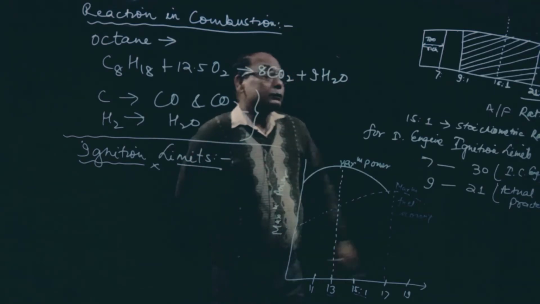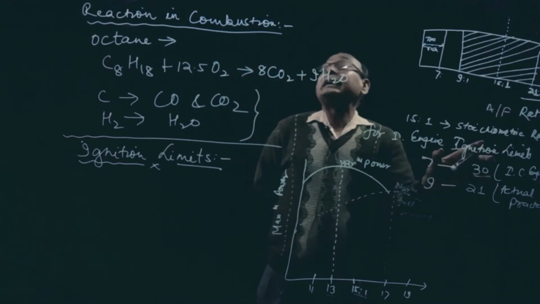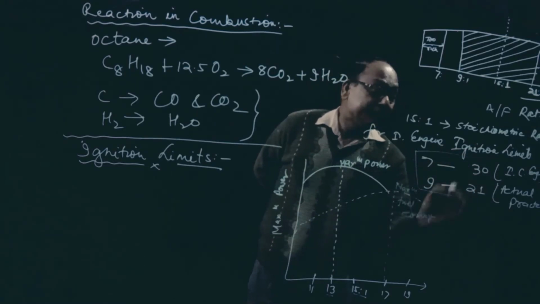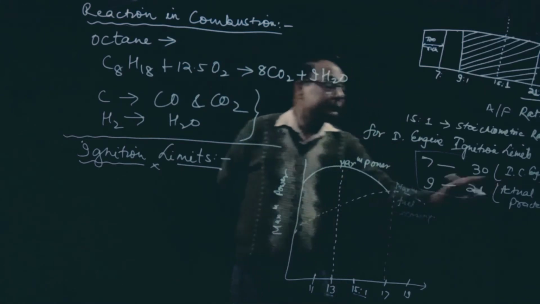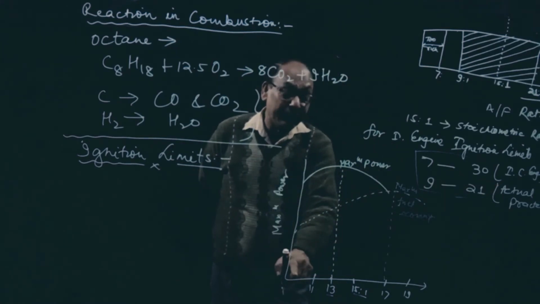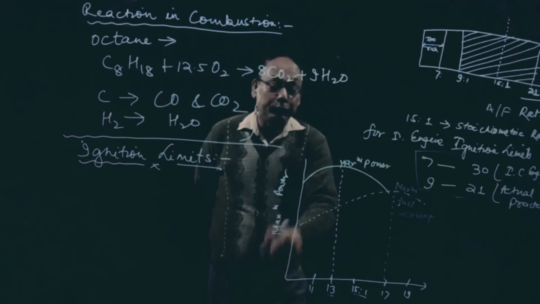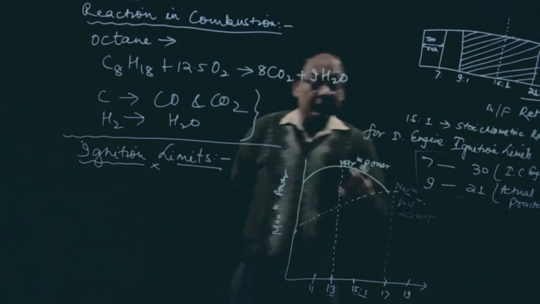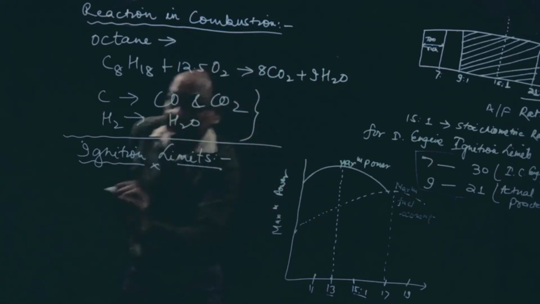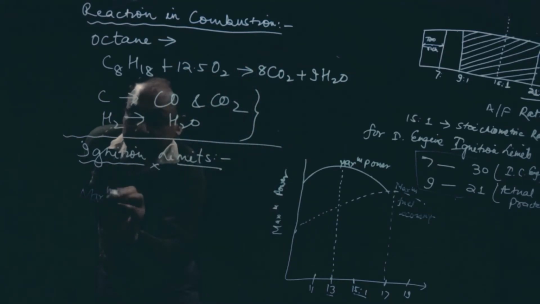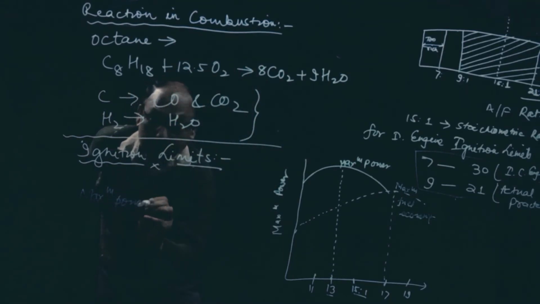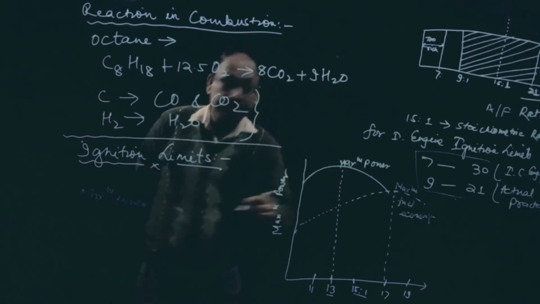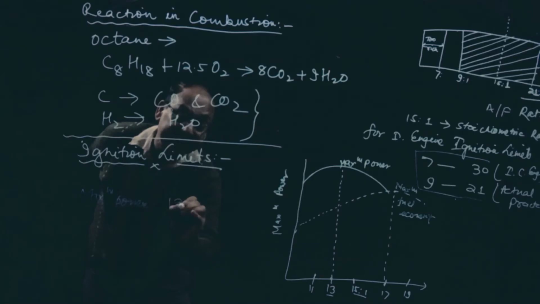So whenever we talk about the ignition limits, it is about the air fuel ratio. The ratio is 9:21 for actual practice. From here also we can have fuel ignition, but if we want maximum power, remember, maximum power will be near about 13:1.